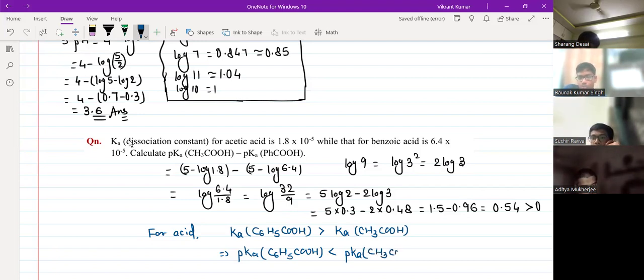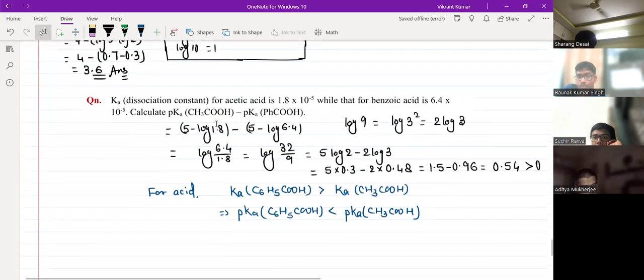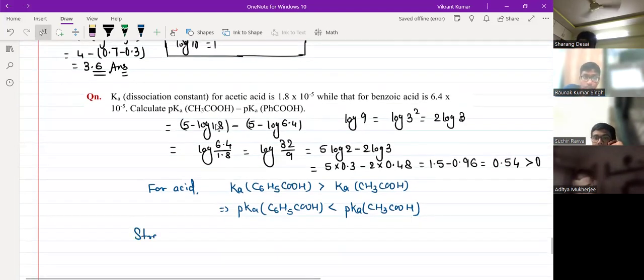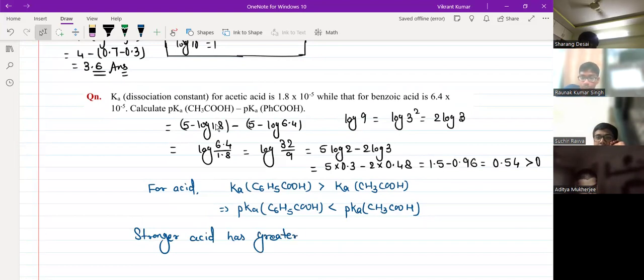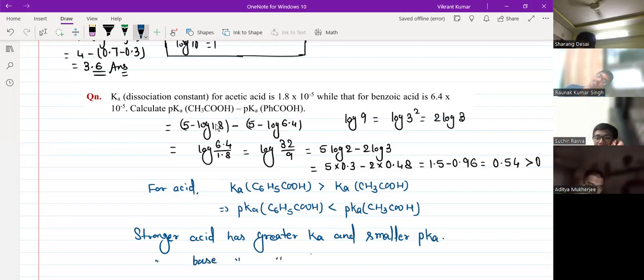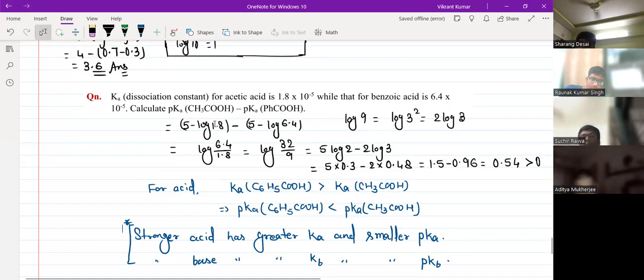What we are writing? Stronger acid has greater Ka and smaller pKa. Similarly, stronger base has greater Kb and smaller pKb. This we are going to use even in the next GOC lecture also. Any doubt up to this point?